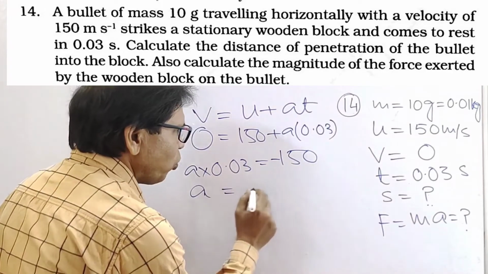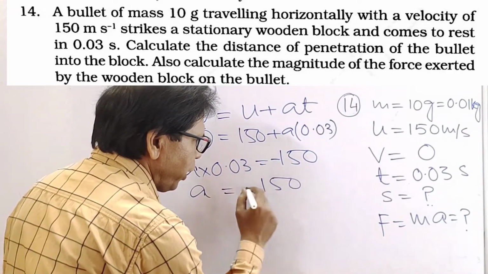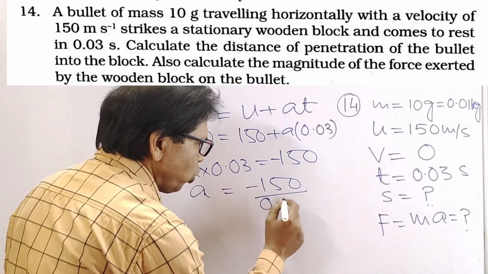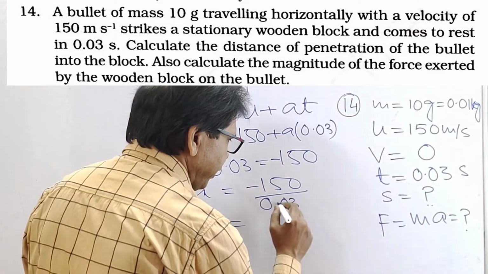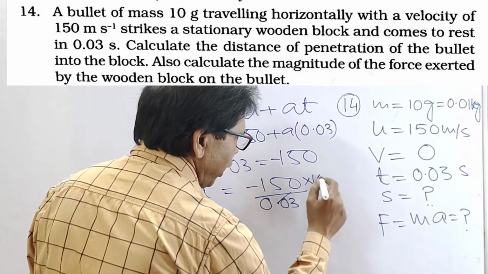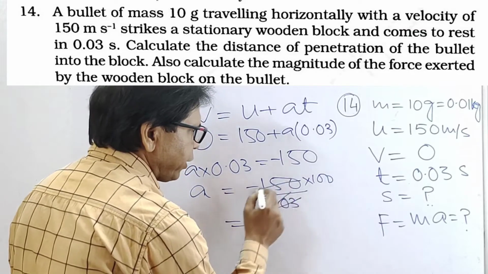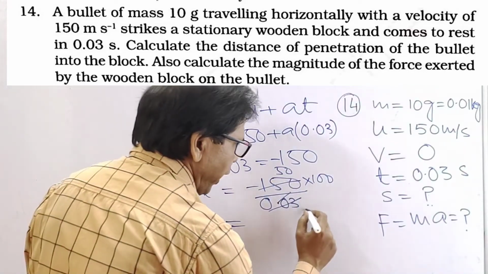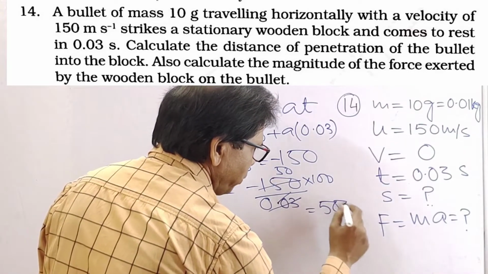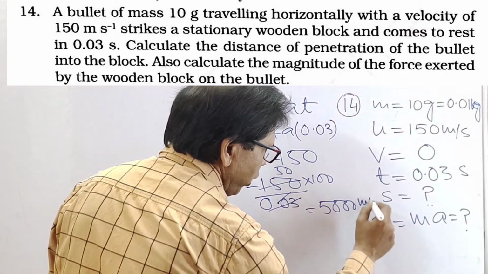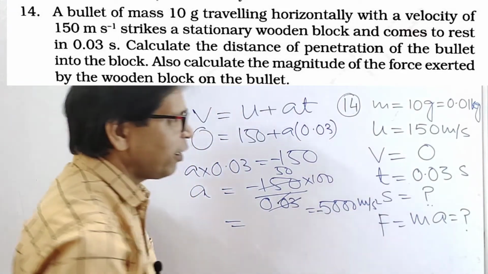Therefore, a equals 150 with negative sign divided by 0.03. This is cancelled out and this is 100. Now this and this is 50. So acceleration is 5000 meter per second square with negative sign.